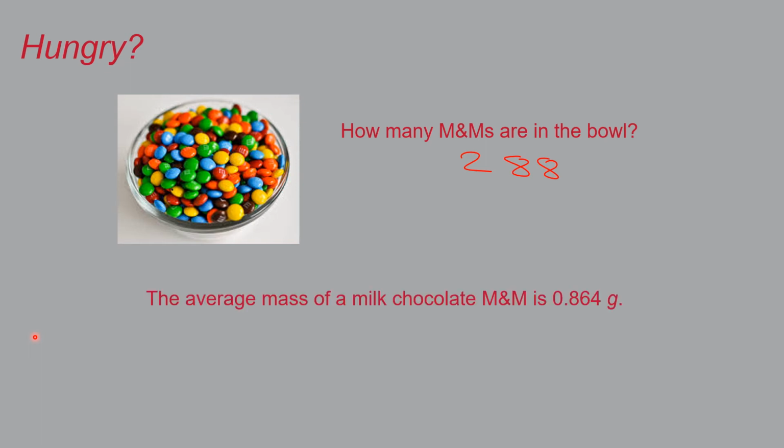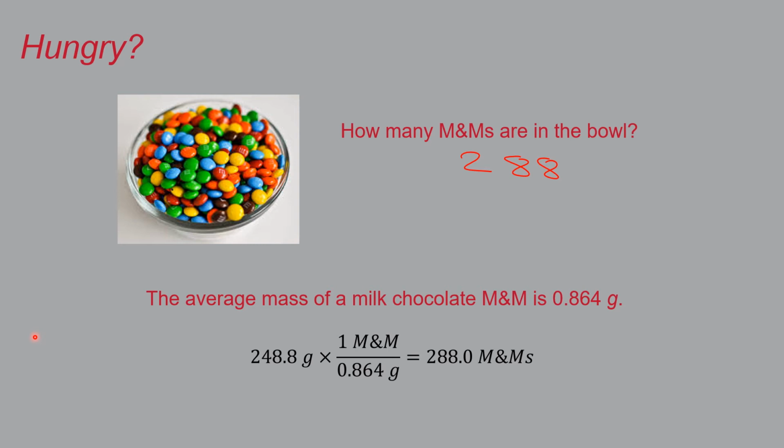And did I spend a lot of time before class counting all the M&Ms in the bowl? The answer is no. I spent a small amount of time weighing them. I happen to know, because I weighed a few of them and got an average, that the average mass of a milk chocolate M&M is 0.864 grams. And then I weighed all the M&Ms in the bowl.